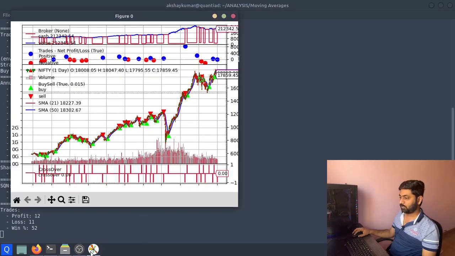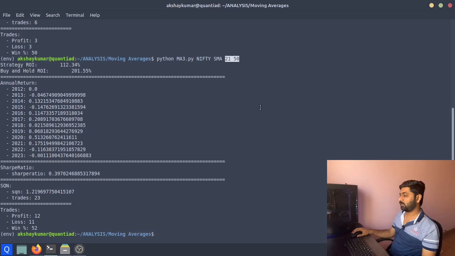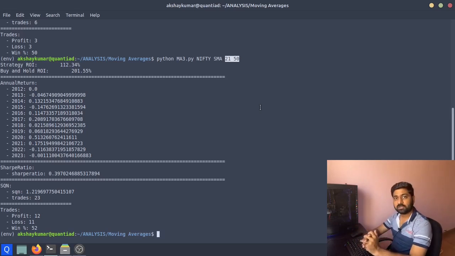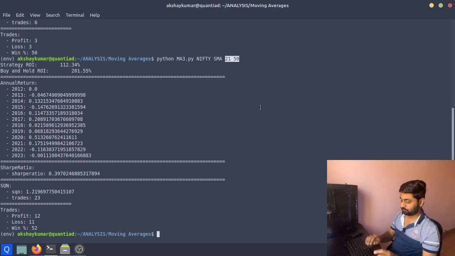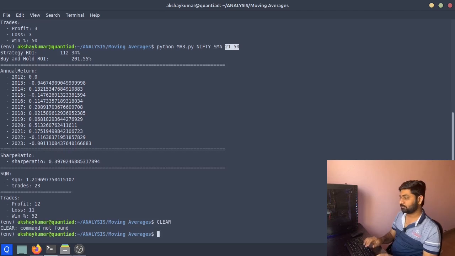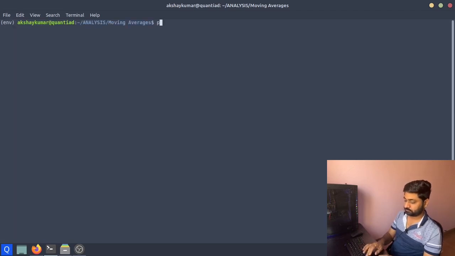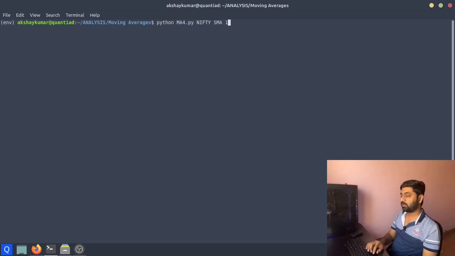Again, we'll take the help of programming. But here you will come to know that we are testing a huge number of combinations. I'll show you. On Nifty simple moving average, let's say the minimum setting for the fast moving average is 1 and the maximum setting is 200.